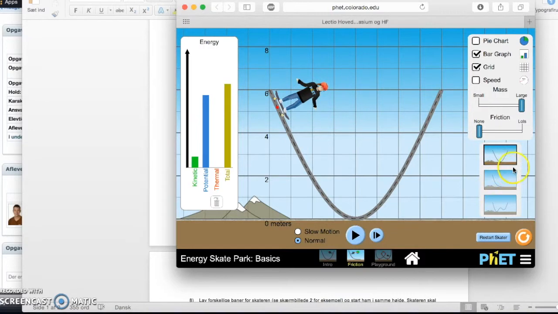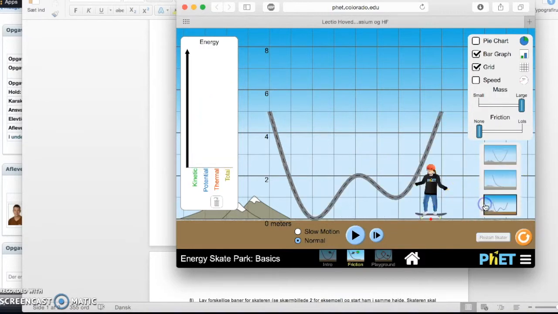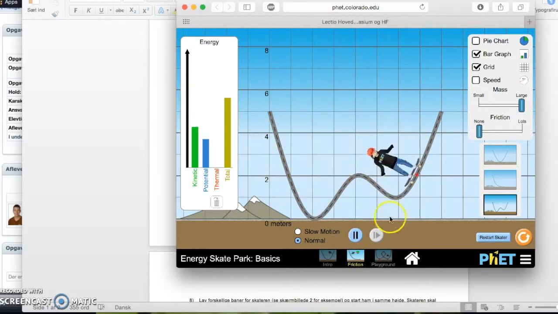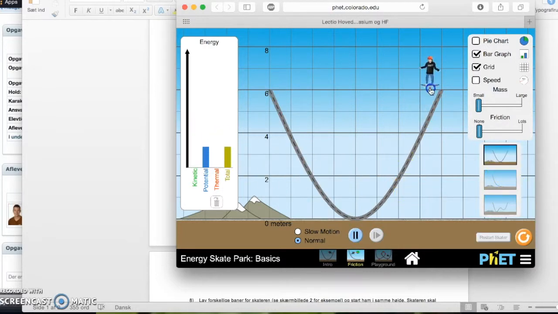For example, if we go in here, we have a smaller height, which means less potential energy. And of course there are more curves around here, but we still have less energy because there's less height but the same weight. If we take the small guy, who's 1/3 of the big guy, he also has less energy than he has on the other one.